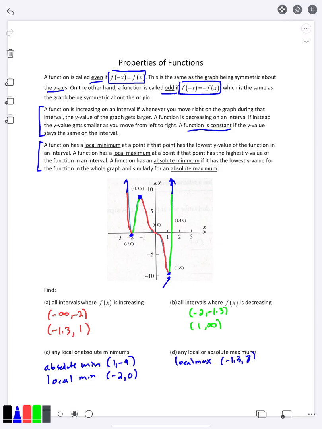And in fact, there is no absolute maximum. There is no highest point overall because these graphs go all the way up. I know we don't see that. They only show us part of it, but that's enough for us to know that they keep going up and up and up, so that means there is no absolute max. And it is entirely possible that you will have no absolute max, or you might have no absolute min. It just depends on the specific graph or function that you're dealing with here.